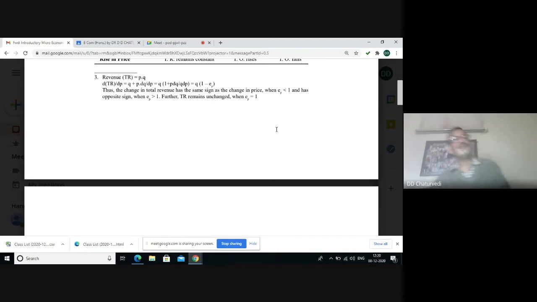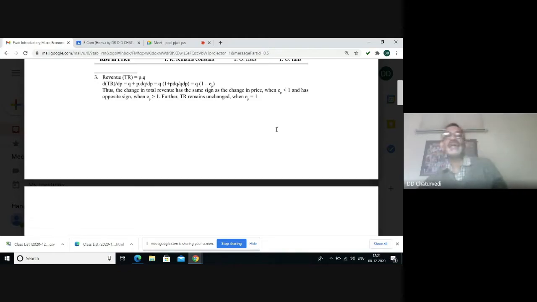So the derivative of total revenue with respect to price will be obtained by product rule, and that you remember: first function into derivative of second function plus second function into derivative of first function. So the result is Q into 1 plus P into dQ by dP.